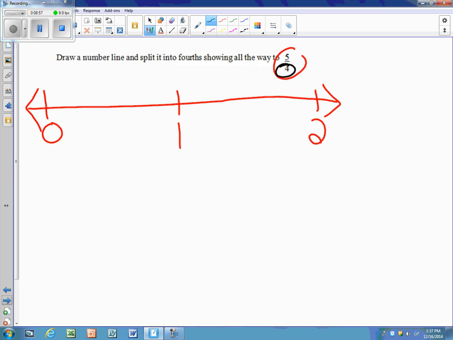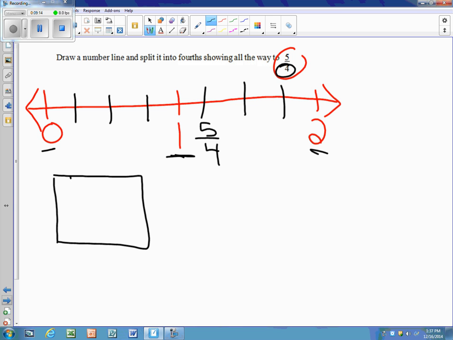So my whole goes from 0 to 1. So for that, I need 4 pieces. And then another whole goes from 1 to 2. So I need to split that up into 4 pieces. And I know then that 5/4 is right here. So now when I go to draw this, my whole has to be split up into 4 pieces.